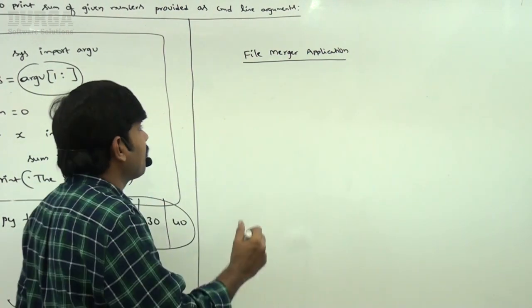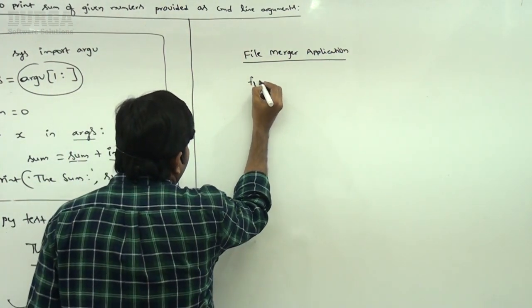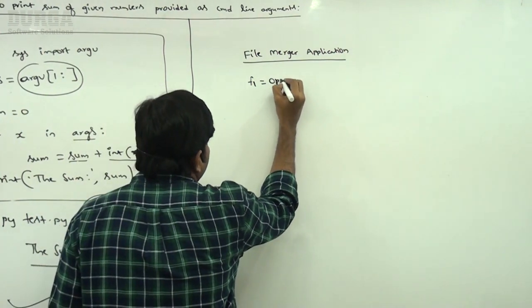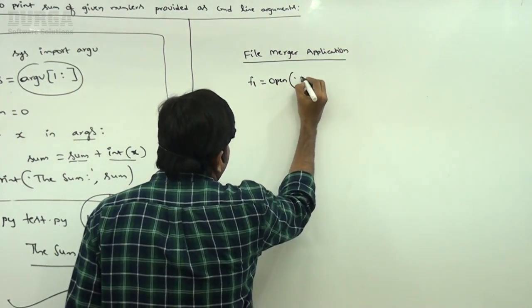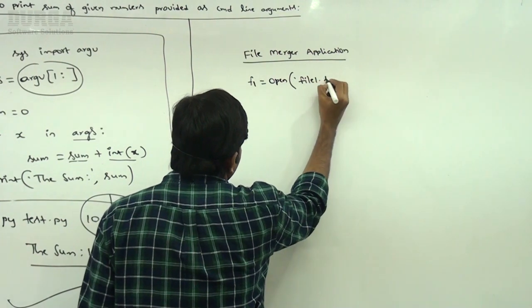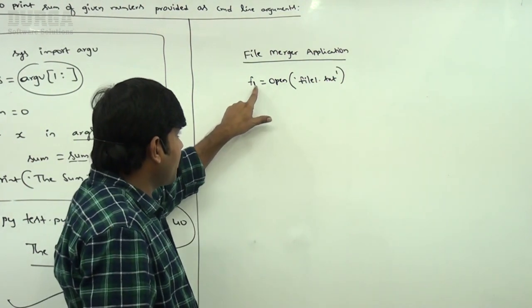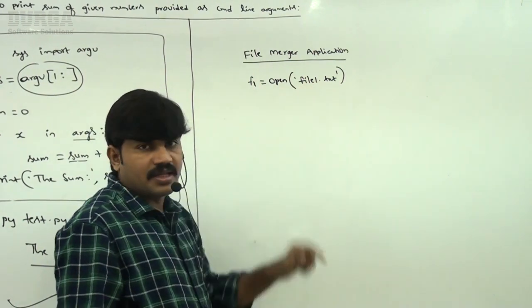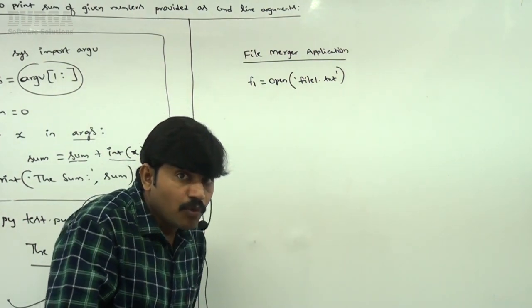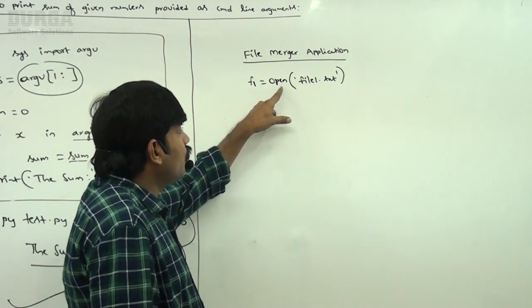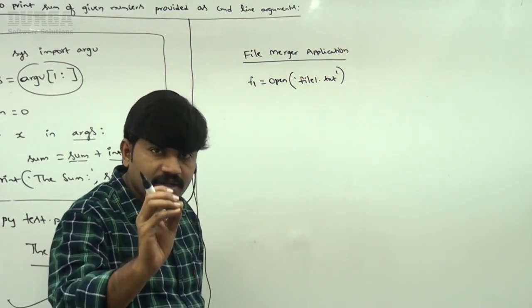Just observe carefully. Here I am taking f1. Can you please open file1.txt? You are not specifying any mode, which means read mode by default. We are just opening file1.txt for a read operation.